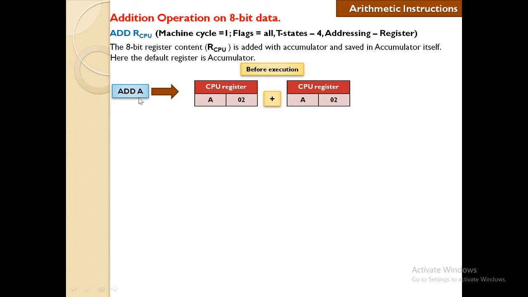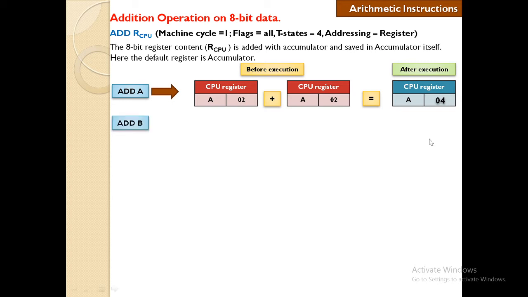ADD A means the content of the accumulator gets added with the content of the accumulator itself and is saved in the accumulator. So before execution the content is 02, so 02 is added with 02 and saved in the accumulator itself. You will get 04 in the accumulator after it gets executed.